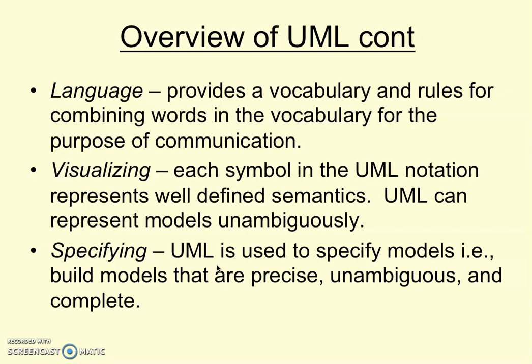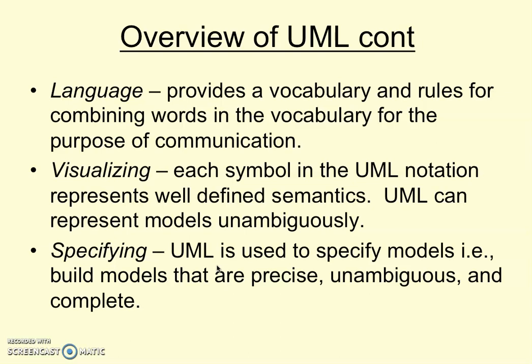In other words, we have a vocabulary and rules for combining words in the vocabulary so that we have better communication. Because remember, when you are dealing with software development, you're going to be dealing with a lot of different individuals, different stakeholders, different team members. So when we have a standardized language, that helps ensure that we are going to have better communication.